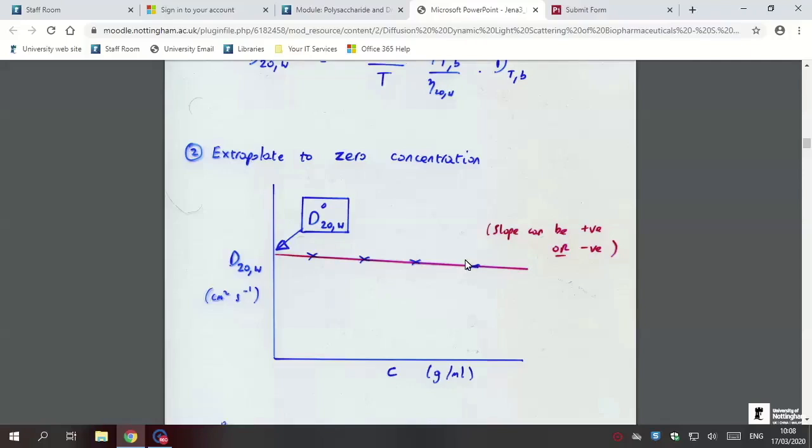So the result of this is that non-ideality is not as serious with dynamic light scattering as it is with other techniques like viscosity, sedimentation, standard light scattering of molecular weight measurement. So this is a good thing. So with some luck, non-ideality is not serious with dynamic light scattering, unless you go to very high concentrations, which is what you need when you're looking at antibody formulations at very high concentration.